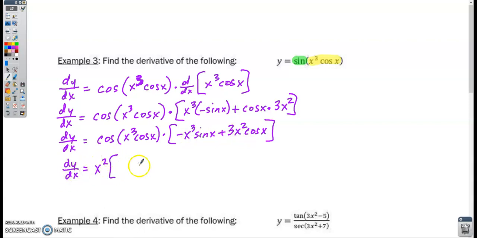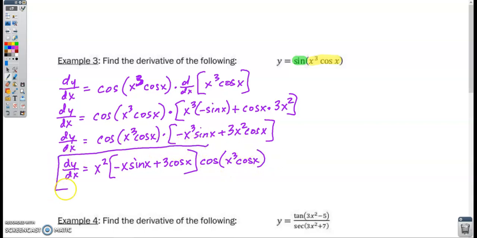And then I'm going to put the brackets, and what remains, that's negative x sine of x plus 3 cosine of x, and then finally the cosine of the quantity x cubed cosine of x. I think that's the clearest, most easy to understand way that we can represent our answer there for example 3. And there you go.